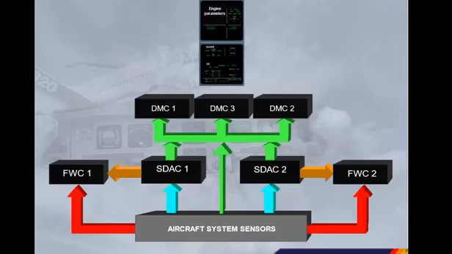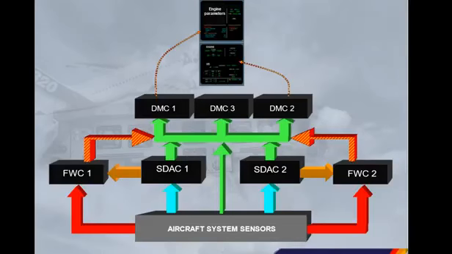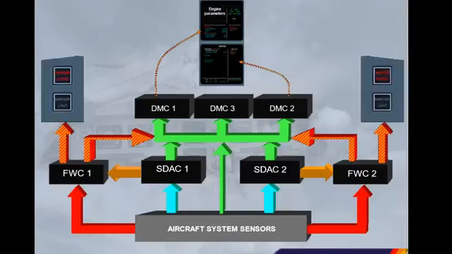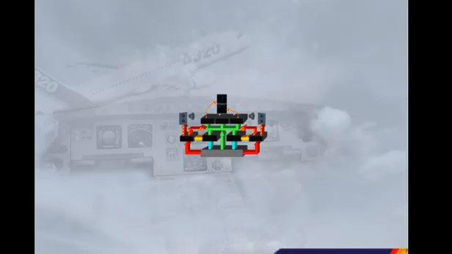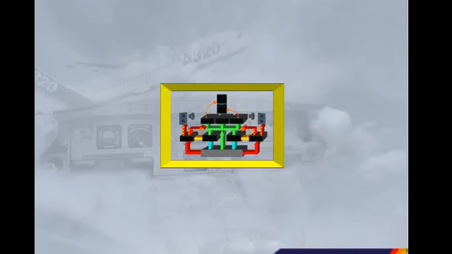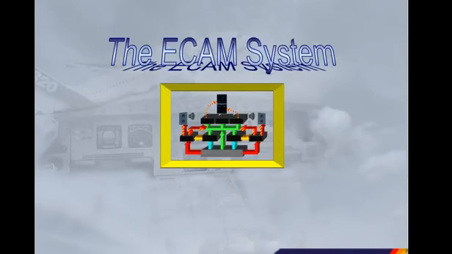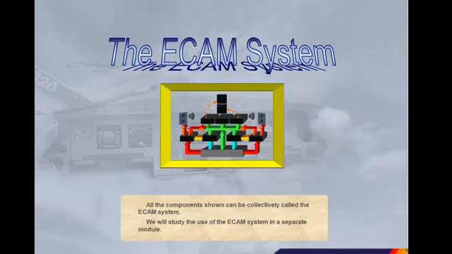The FWCs then supply the DMCs for the display of alert messages, the attention getters, and the loudspeakers for oral alerts and synthetic voice messages. All the components shown can be collectively called the ECAM system. We will study the use of the ECAM system in a separate module.